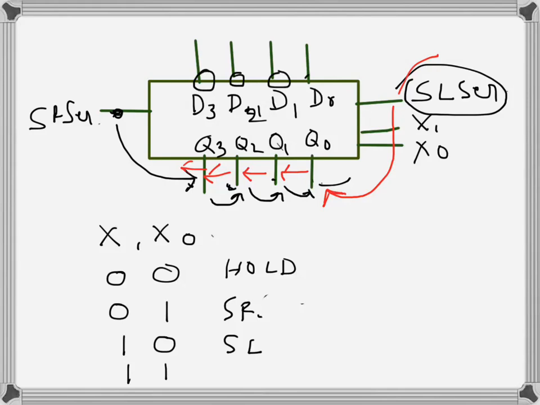These are input bits, whatever 4-bit data will be loaded to the output of the register. So let's call it load. So these are the operations, and we can show some demonstration.